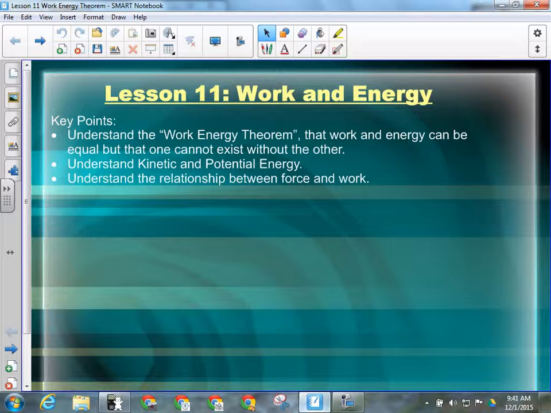Work-energy theorem tells you what happens to energy. You can't create energy, we know that. You can't destroy energy, we know that. What happens to it? Because sometimes it looks like it's destroyed, sometimes it looks like it magically appears. But it doesn't. Energy is always brought in from somewhere and transferred away to somewhere else. That's what makes it look like it's created or destroyed sometimes.